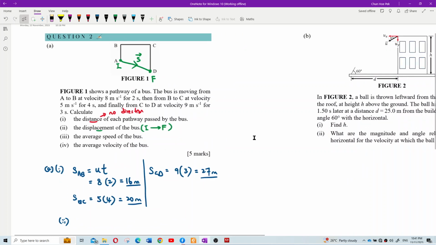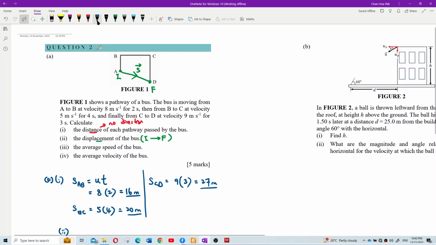So how to find this? Okay, I better write down the values I got just now: 16, 20, and then 27.